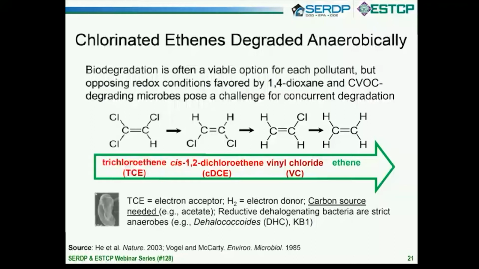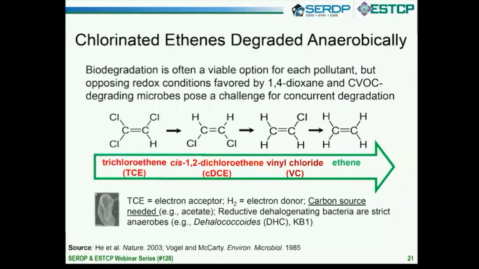And that process can also take place biologically. There are reductively dehalogenating organisms that are strict anaerobes, very well described and established, successfully reducing TCE to ethene.